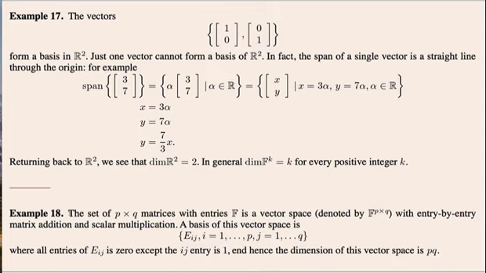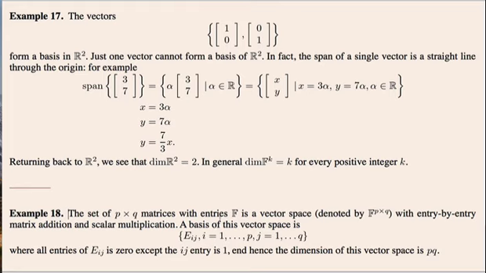Finally, since we're going to work with matrices usually in this class, let me mention that the set of p times q matrices with entries in F is a vector space, and usually it's denoted by F superscript p times q. Here the matrix addition is entry by entry, and the scalar multiplication is also entry by entry.